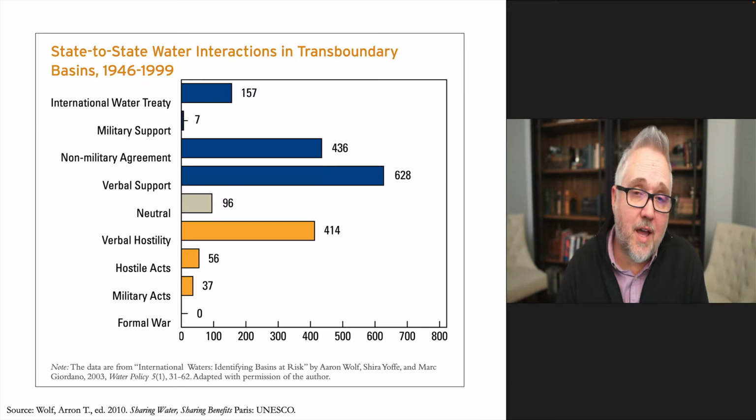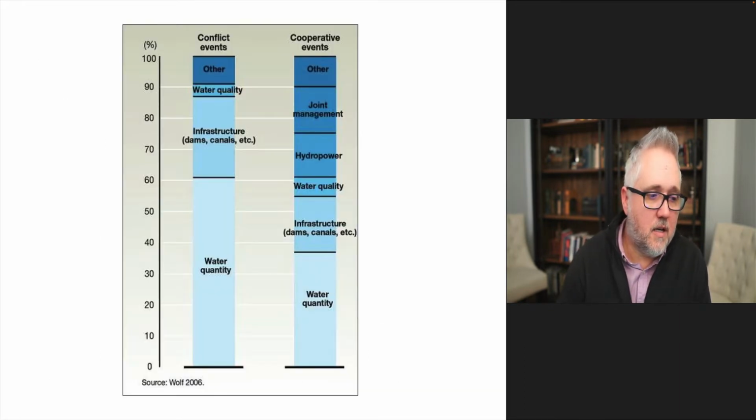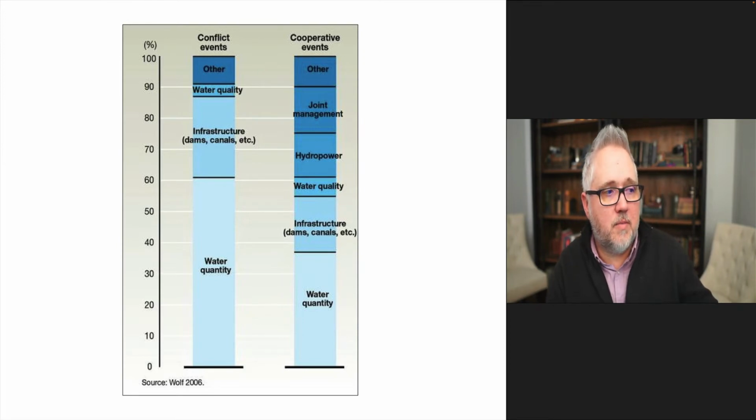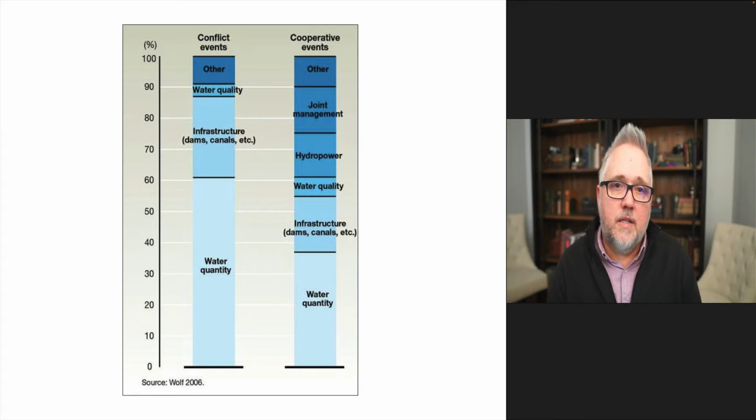There have been military acts or hostile acts that are still more scarce than international agreements, but you see that lower level conflict would be considered, including things related to water quality and dams. We've seen the difficulties that Egypt has had with upstream states putting dams on the Nile.